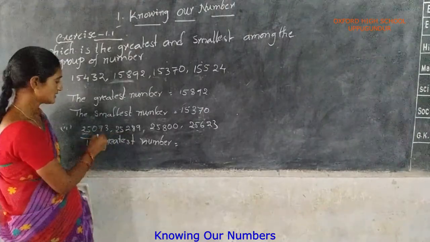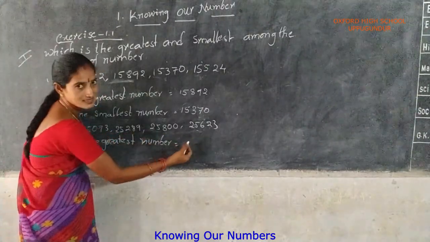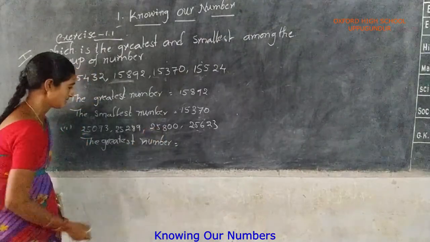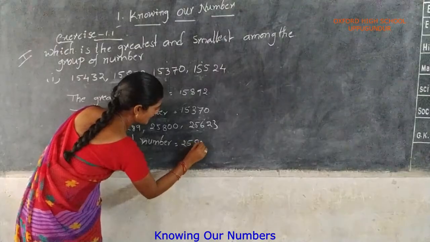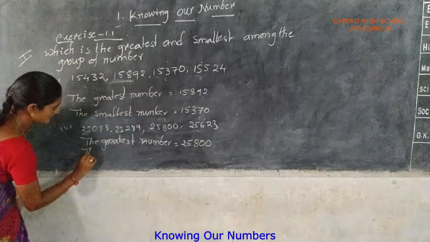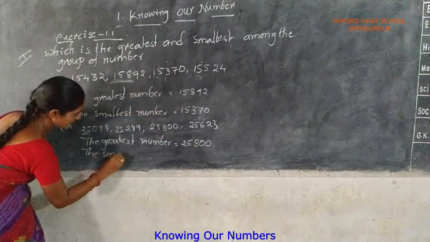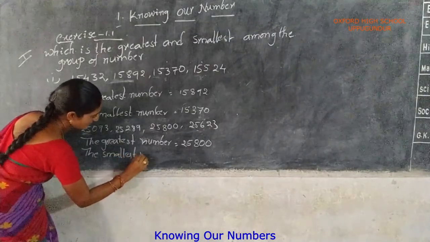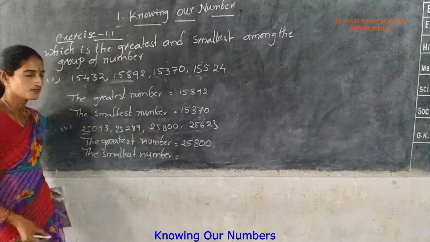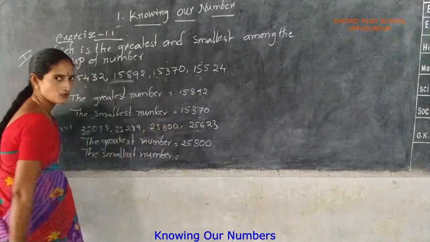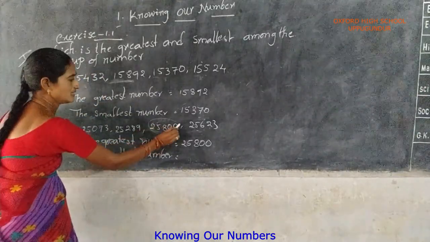Which is greatest? 8 is the greatest, so the greatest number is 25,800. That number is over.